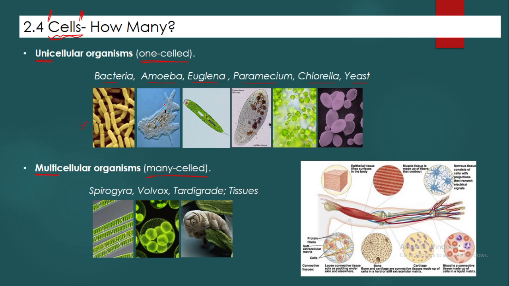In pond water you can see amoeba and euglena; the green color is because some photosynthesis is going on. They look like very small plants, algae kind of stuff. Like this we will see more such examples in your coming classes.